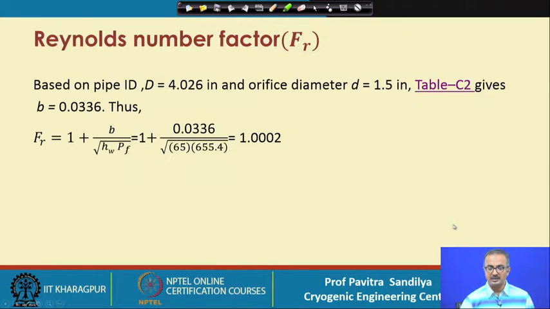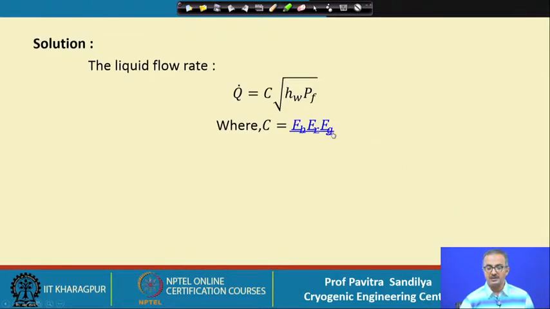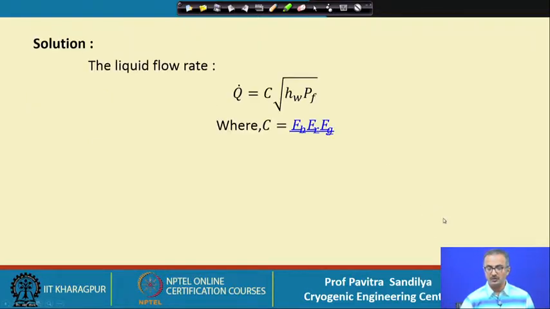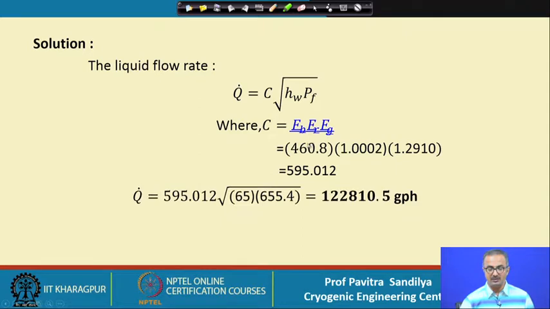And then lastly, we have the value of FG, which is obtained from the specific gravity, which we also found earlier, and this is coming as 1.2910. So, we now have all the values with us, and we plug in the values over here to find out the value of C. This C value is then plugged into this expression, and HW and PF are given in the problem.